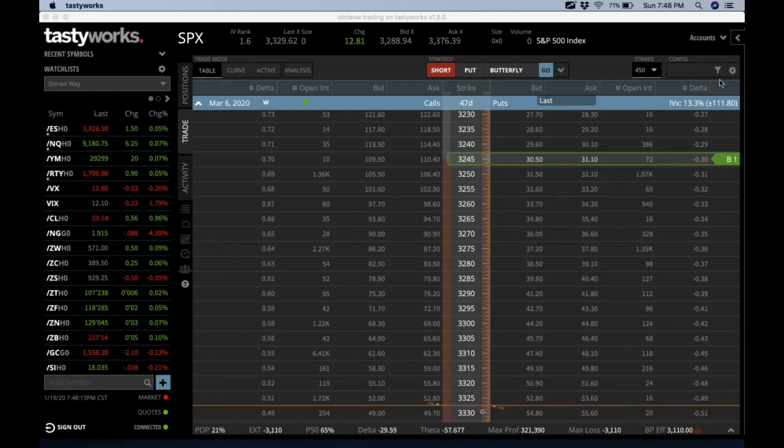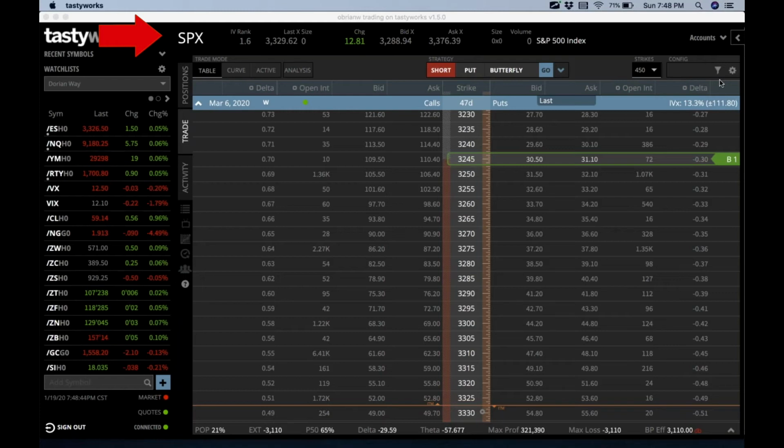Okay, so no one knows if the SPX or anything that they're trading is going to go up or down, regardless of how many PhDs they have or how long they've been trading in the markets. No one knows if something's going to go up or down. But when you are trading options, based on what is being bought and sold, all the different options create an implied volatility, and that implied volatility gives you a range of how that underlying is going to trade within that time frame.